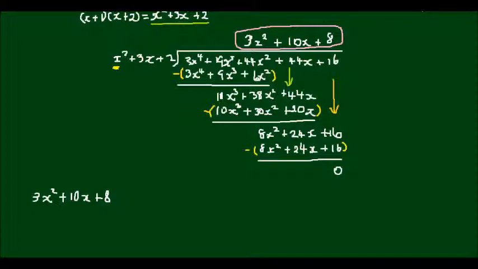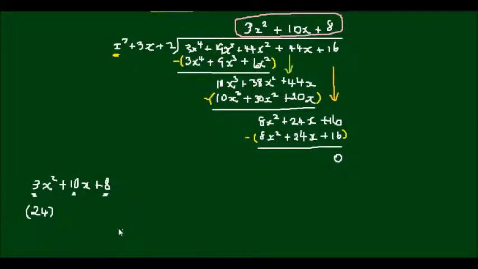I'll include the link in the description below, but for now what I'm going to do is to multiply this coefficient and the constant 8 together to get 24. Alright, and I need factors of 24 that will add up to 10.